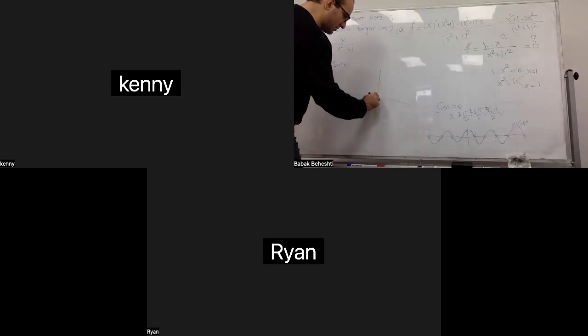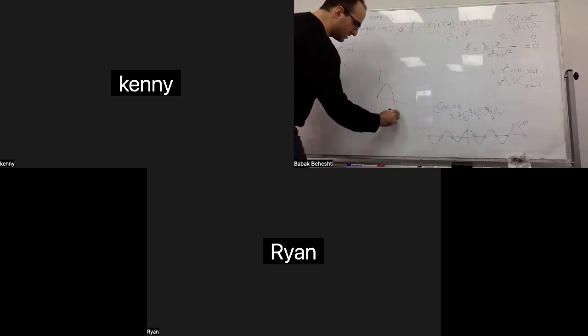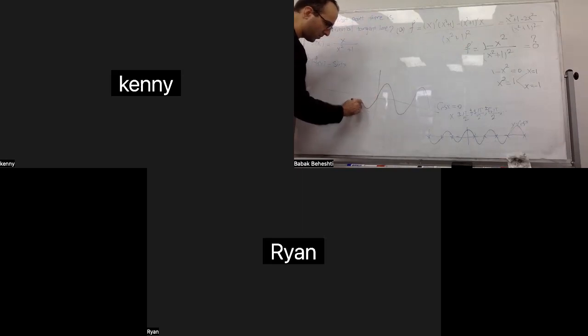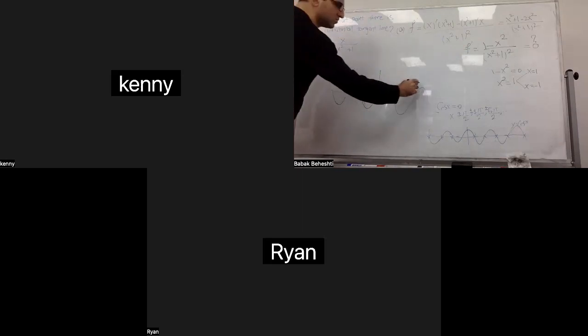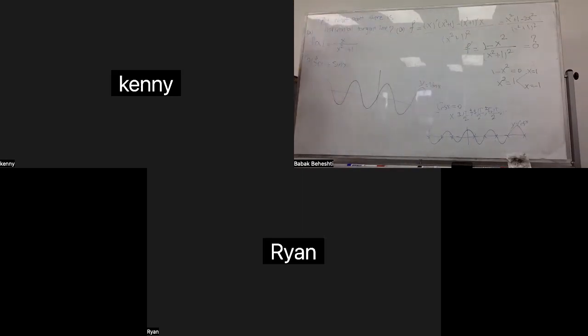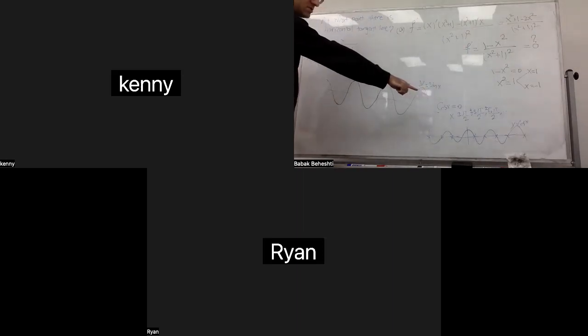The sine looks like something like this. This is y equals sine x. So at what points do you have a horizontal tangent?